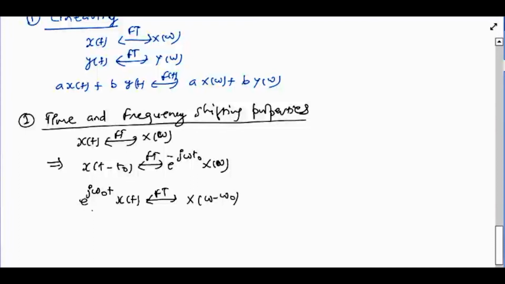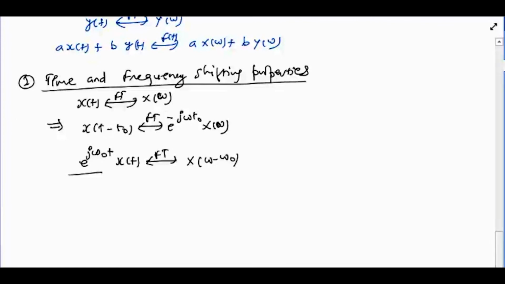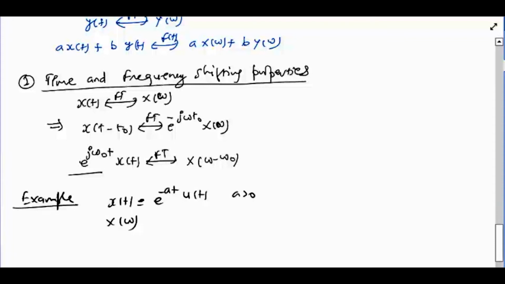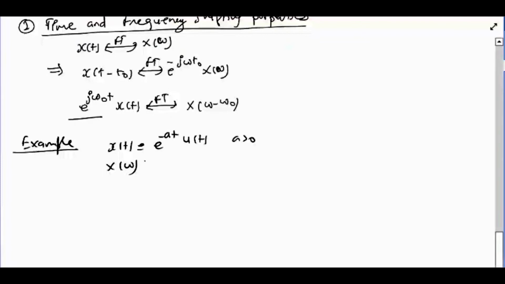Okay. Let's see an example. Let us consider the first example. Recall that xt was e raised to minus at ut, a greater than 0, and we saw that its Fourier transform was 1 over a plus j omega.